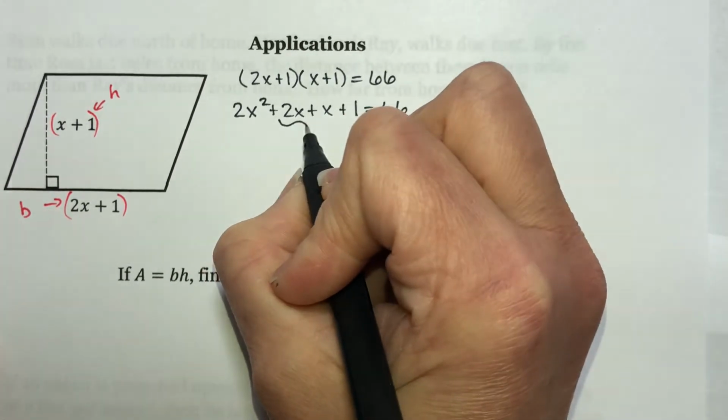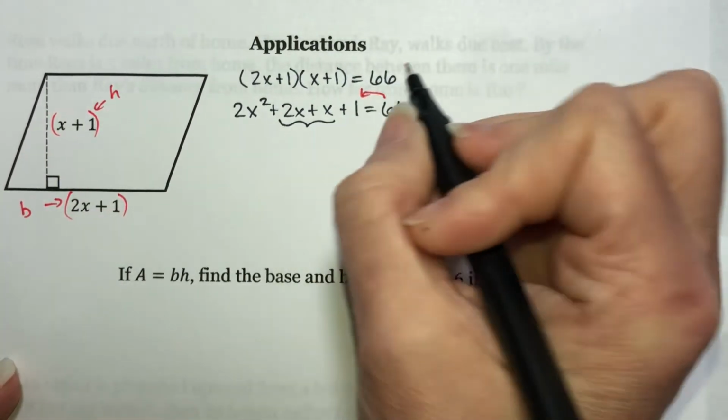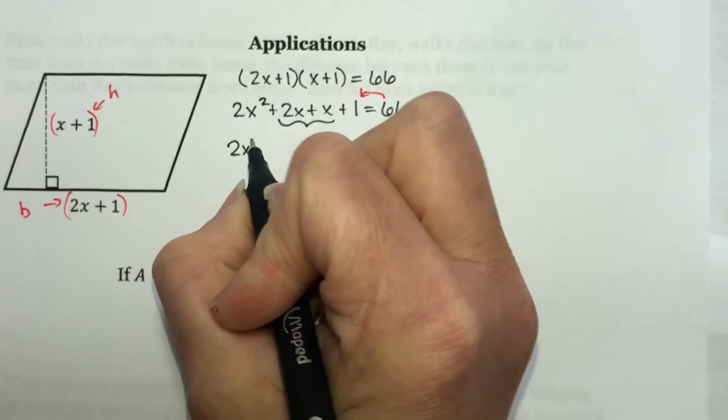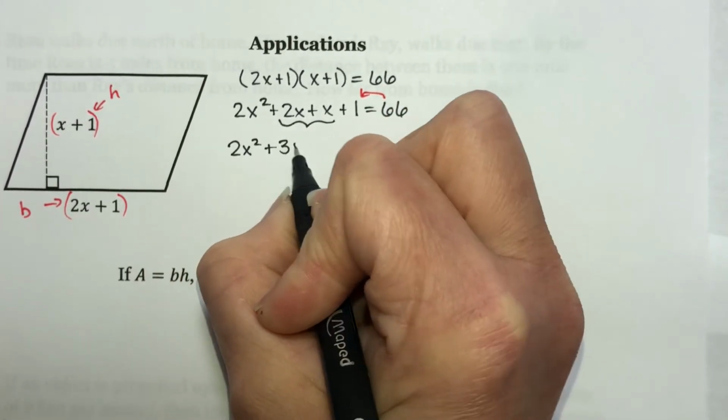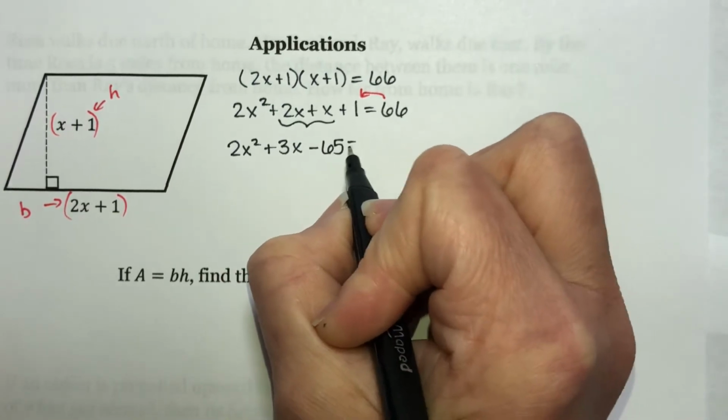So I'm going to be able to combine these two, and I want to subtract 66 from both sides so I can have a 0. That gives me 2x squared plus 3x minus 65 is equal to 0.